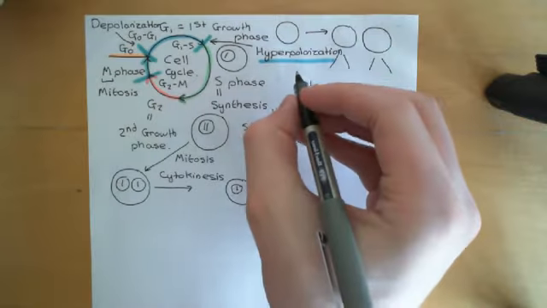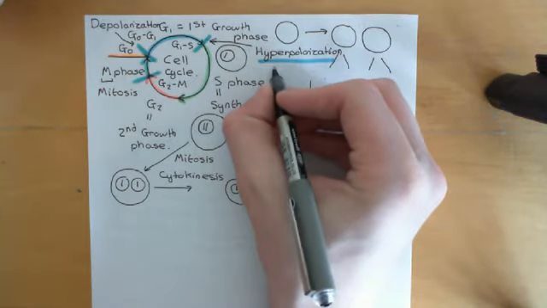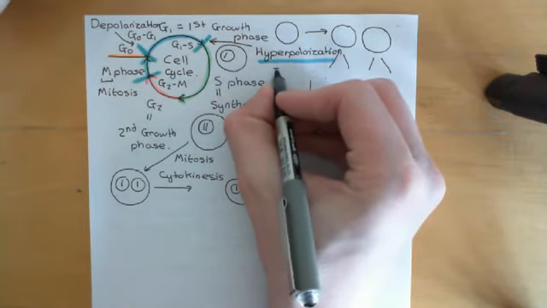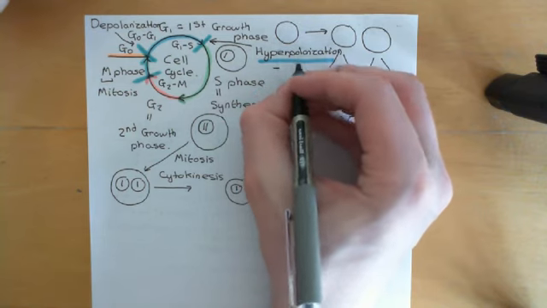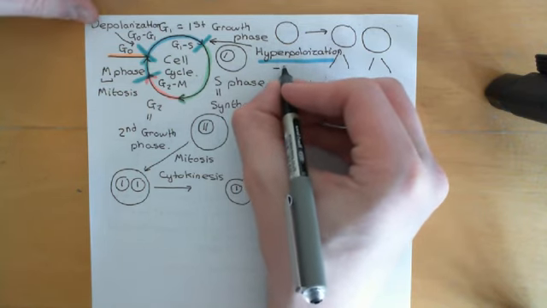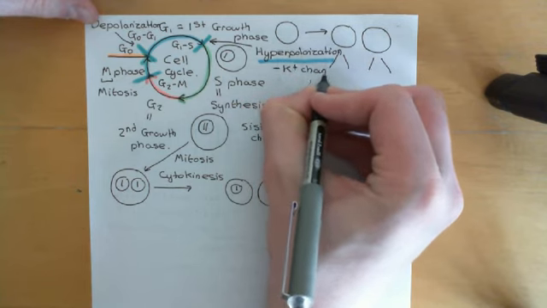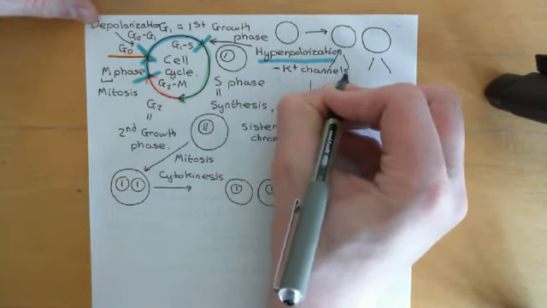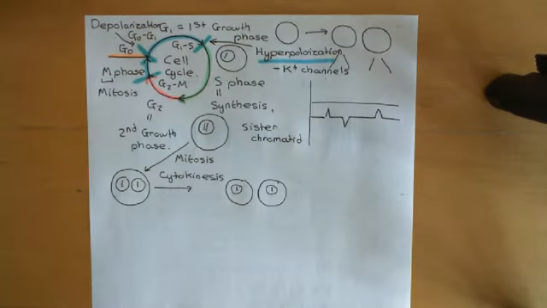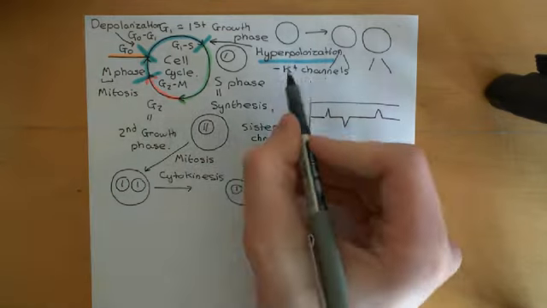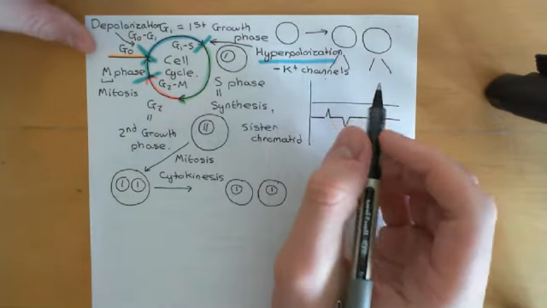Okay, so let's have a look at these in a little bit more detail then. This hyperpolarization that is caused here at the transition between G1 and S, it is absolutely known that this is caused by potassium channels opening and allowing potassium out of the cell, which then hyperpolarizes the electrical potential difference across the cell membrane. Okay, so there's an involvement of potassium channels.